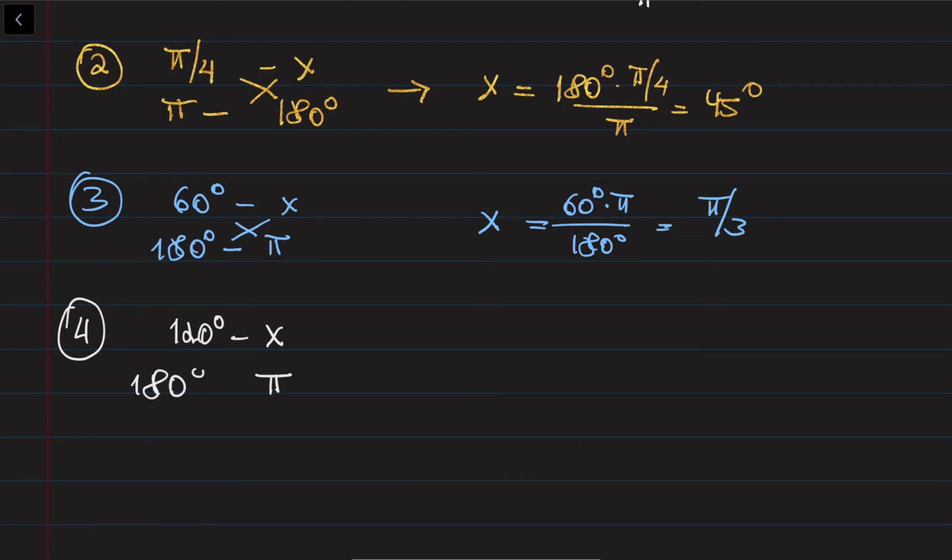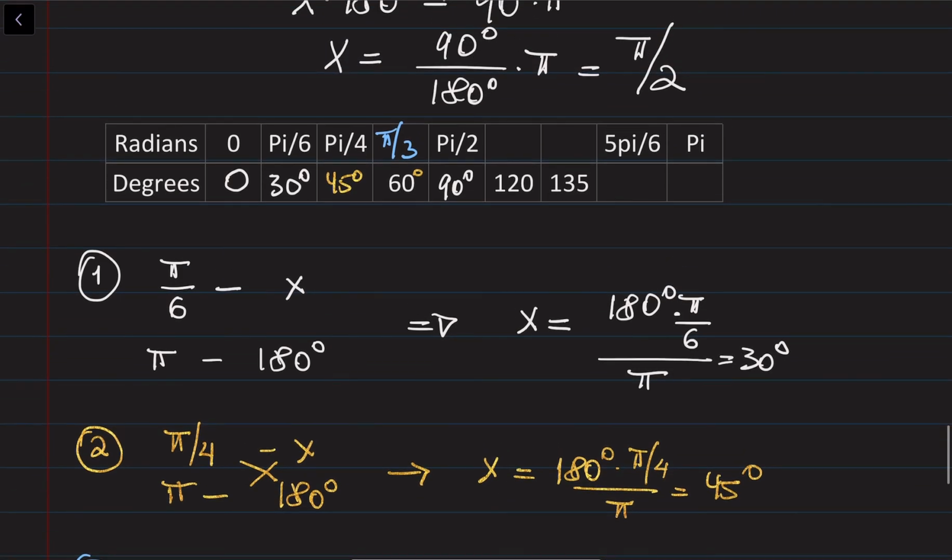I'm going to do the proportions again. x is going to be equal to pi times 120 degrees divided by 180 degrees, right? I'm going to divide this and this by 60. It's going to be equal to 2 over 3, so it's going to be 2 pi over 3. I'm going to write this down here.